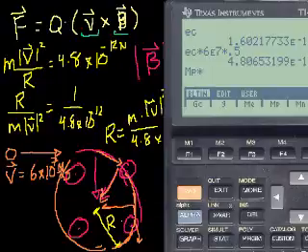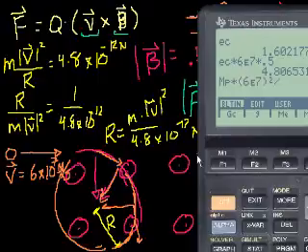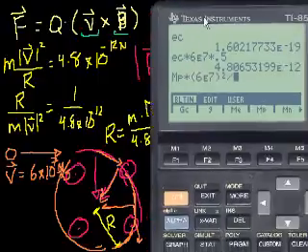So times 6 times 10 to the 7th meters per second, squared, right? Because I have to square it, and then all of that divided by the magnitude of the centripetal force, which is the force that's being generated by the magnetic field. That's 4.8 times 10 to the negative 12.